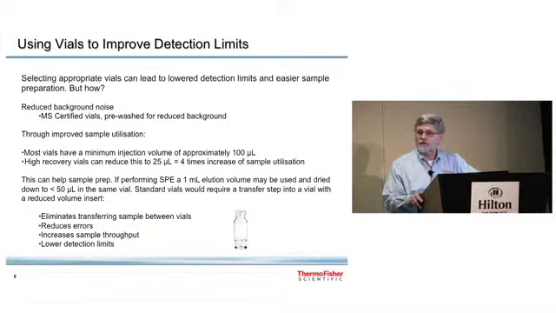Why not start with a vial where you can evaporate it down in the vial to a volume of 0.25 microliters and inject that? By doing that, you've now concentrated your sample down an extra 4 times. So use a high recovery vial if you're going to have a small amount of sample to inject.